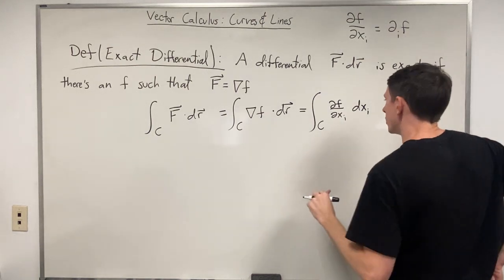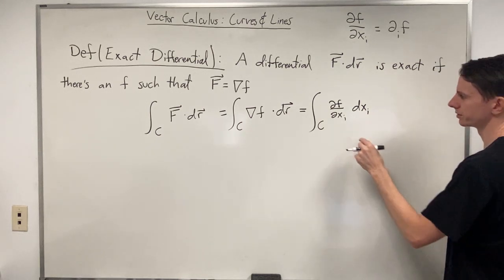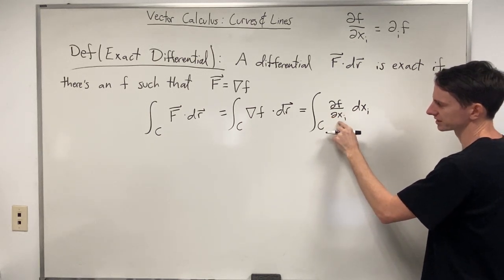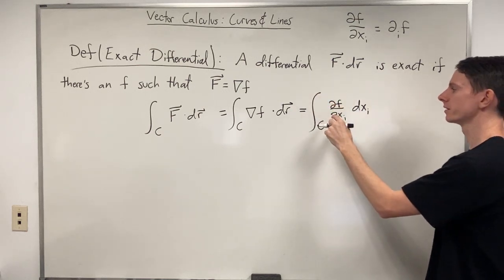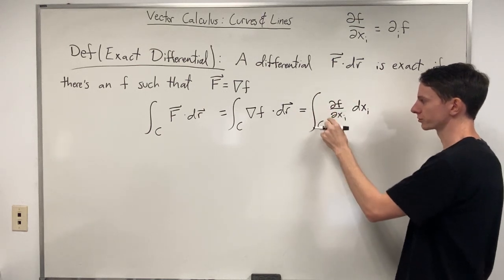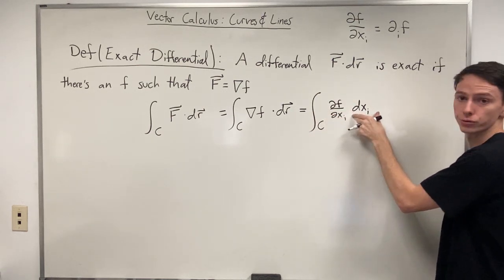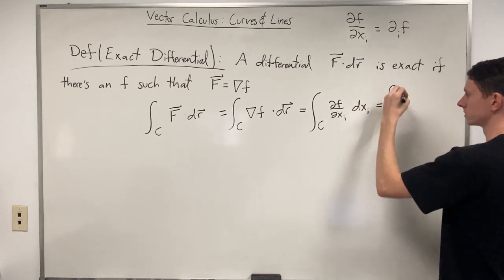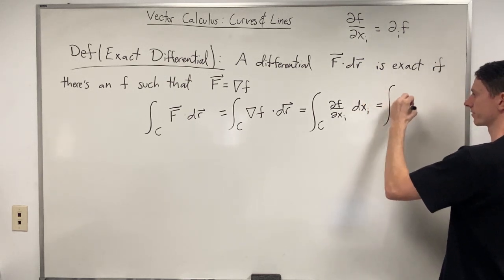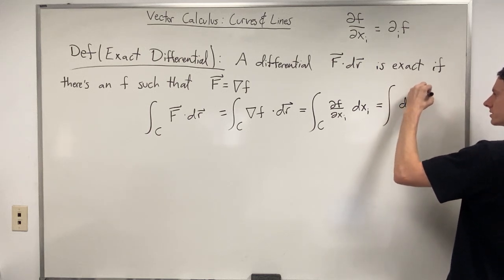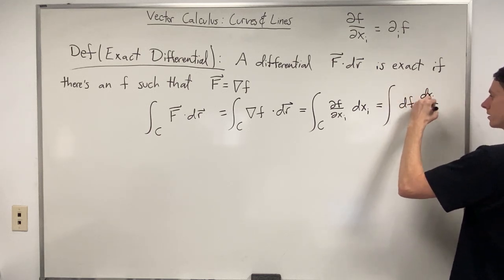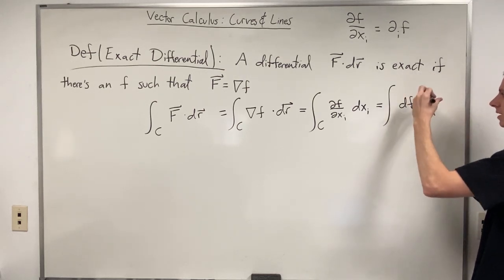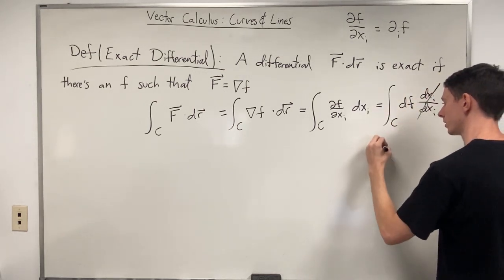So now, I'm just going to more or less rewrite where this partial xi is in the integrand. Right now it's in the denominator of this fraction, but I'm just going to move it so that it's under this dxi over here. So we could rewrite this as df, and then we just have dxi like this. And of course, this is just something divided by itself, so it cancels.